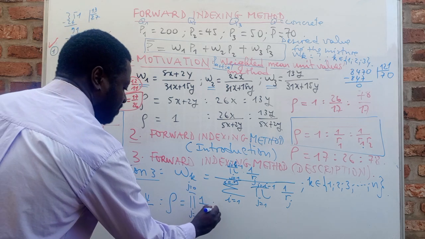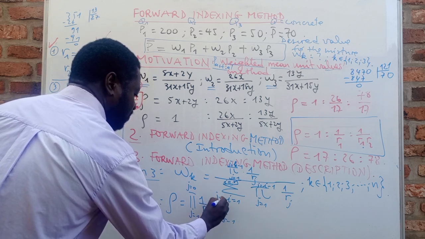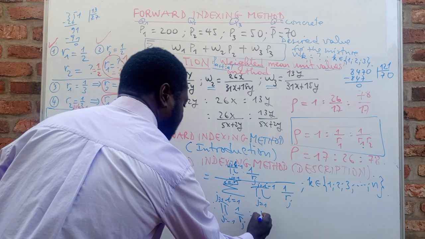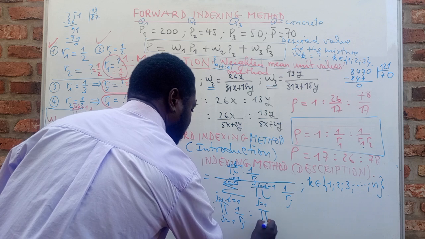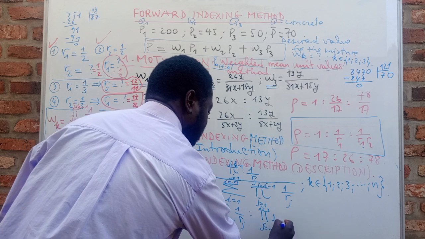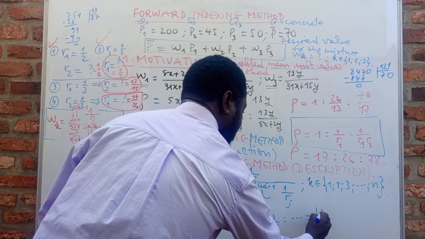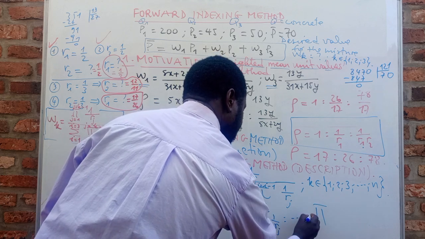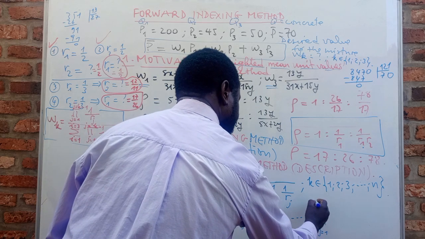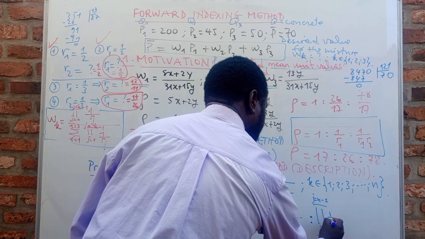This we said is equal to 1. Then from j equal to 1 until j equal to 1, reciprocal Rj, then from j equal to 1 until j equal to 2, reciprocal of ratios, and so on until j from 1 until j equal to n minus 1, reciprocal Rj.